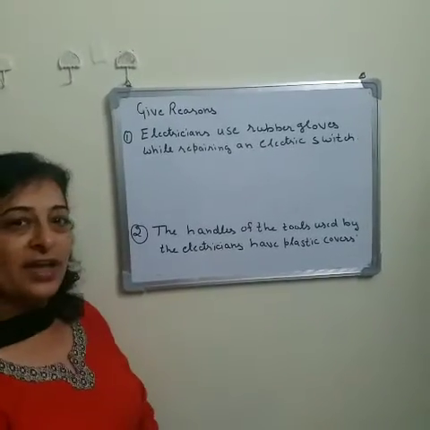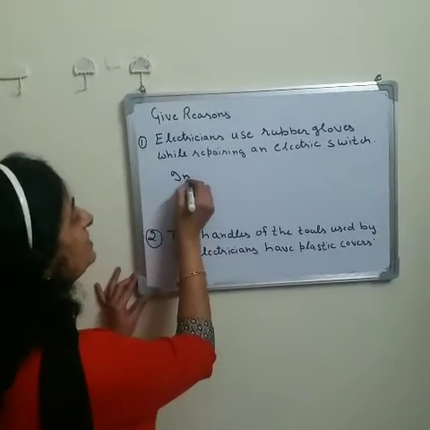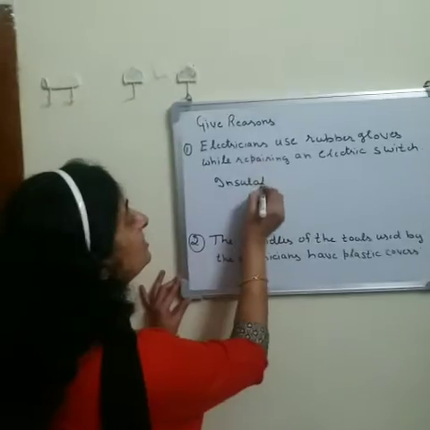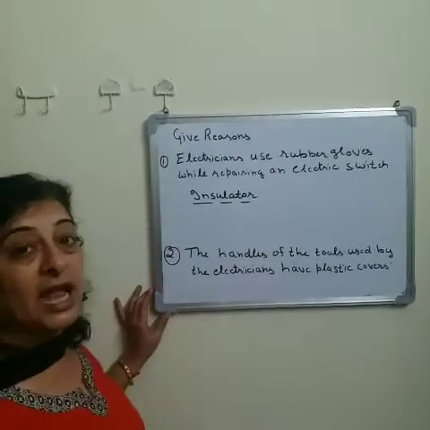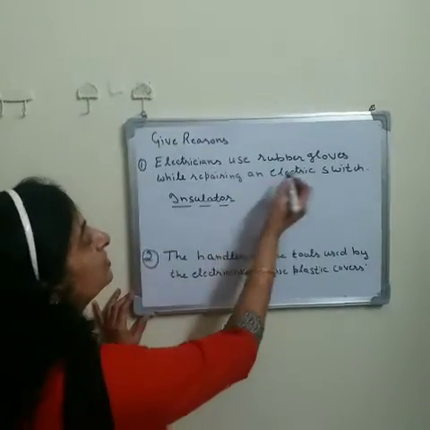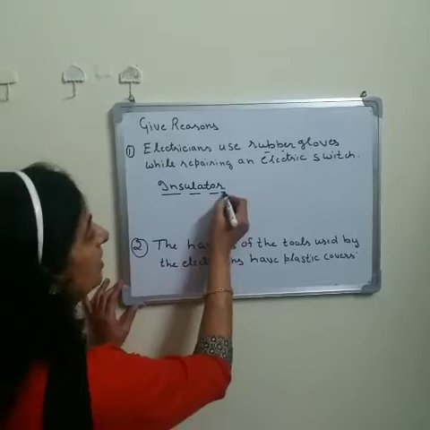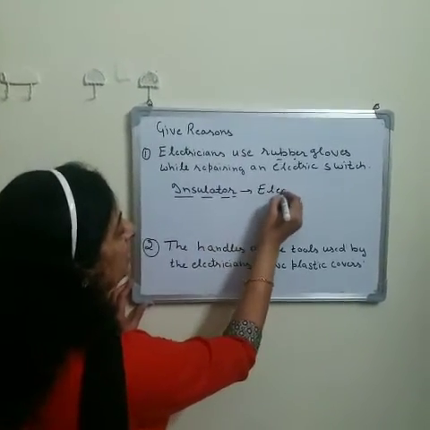Can you tell me why? Yes, you are right, because rubber gloves are insulators of electricity. They do not allow electricity to pass through them. So these rubber gloves protect the electricians from electric shock.